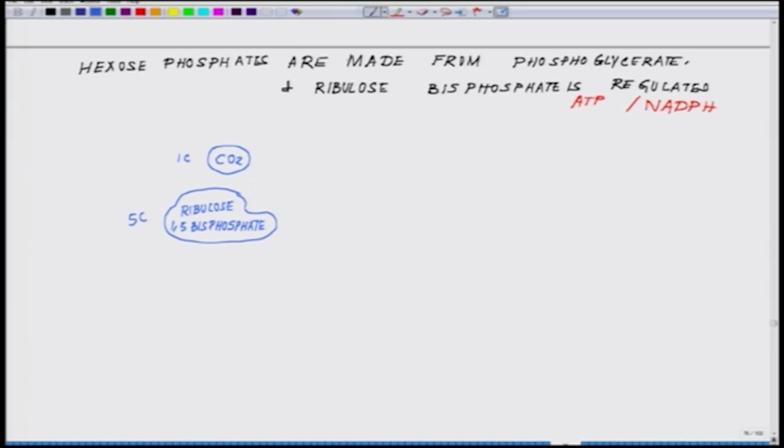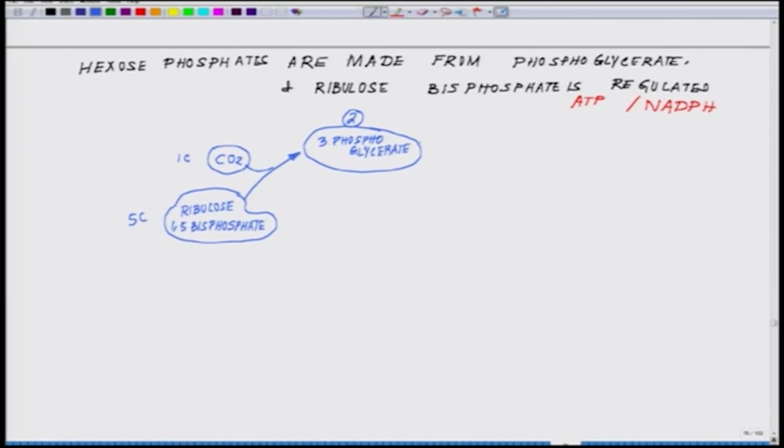Now, this reaction, this attachment in the presence of Rubisco, leads to the formation of 3-phosphoglycerate. So, you are having two such molecules of phosphoglycerate, which is a 3 carbon moiety. So, you are having now 2 multiplied by 3, 6 carbons.